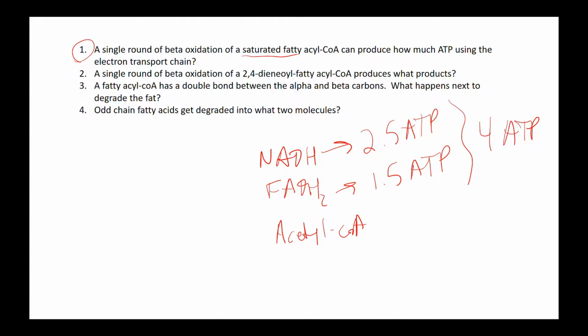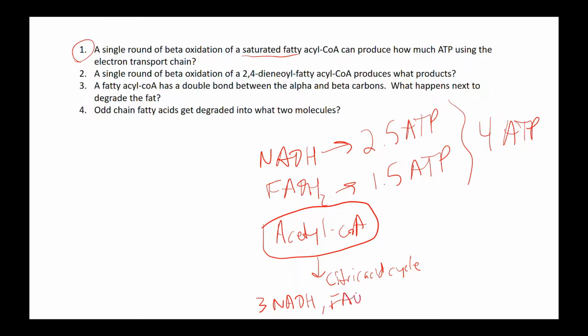The other answer I would have accepted is that some of you might have said the acetyl-CoA can then go on to the citric acid cycle. In the citric acid cycle, it will give us 3 more NADHs, another FADH2, and a GTP, which is essentially the same as an ATP energetically.